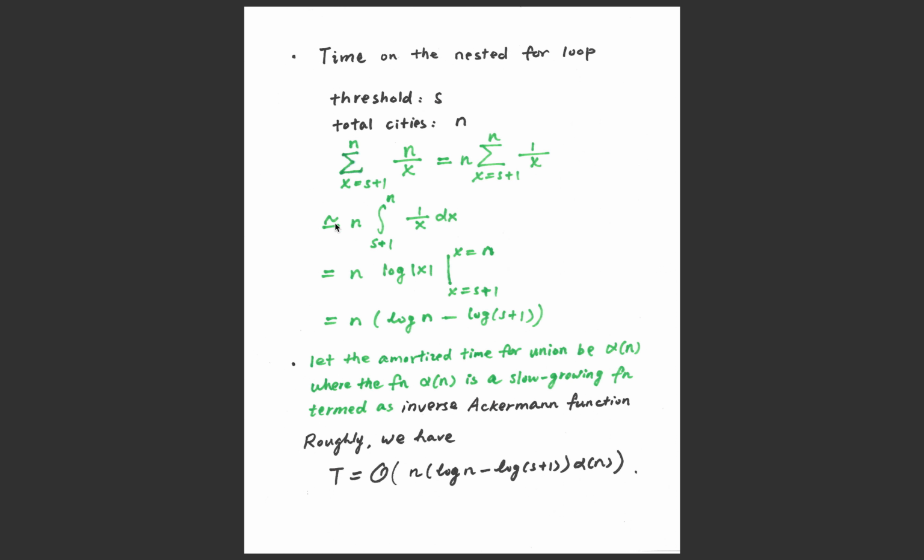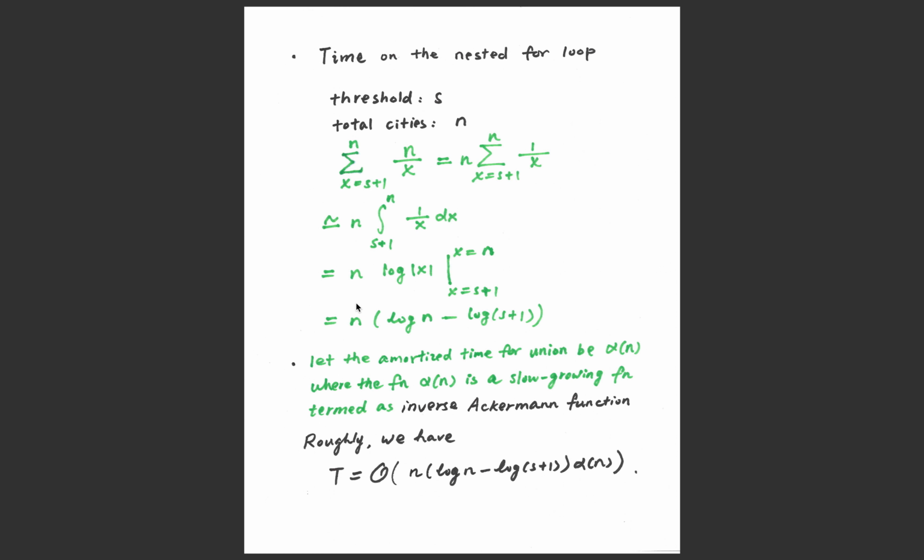Then we use an approximation. We use this integral to approximate this summation, the integral from s plus 1 to n of the integrand 1 over x. The antiderivative of 1 over x is nothing but the logarithm.